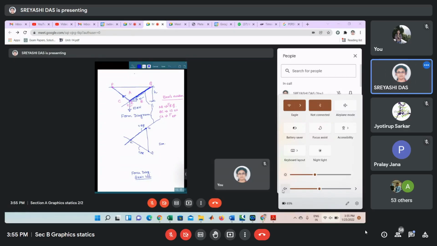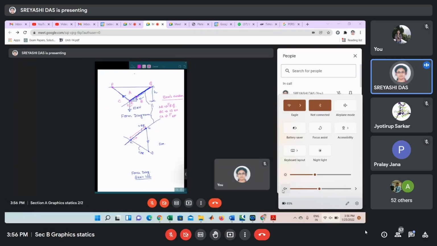Now suppose we measure AB using the scale, this length. A to B is the direction we are going, and the force in member RQ is named AB.